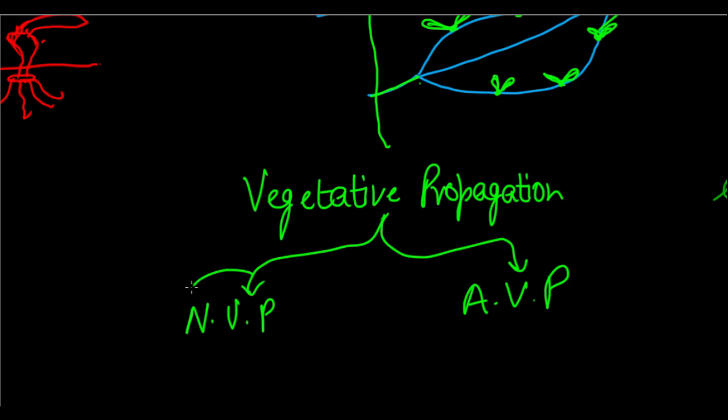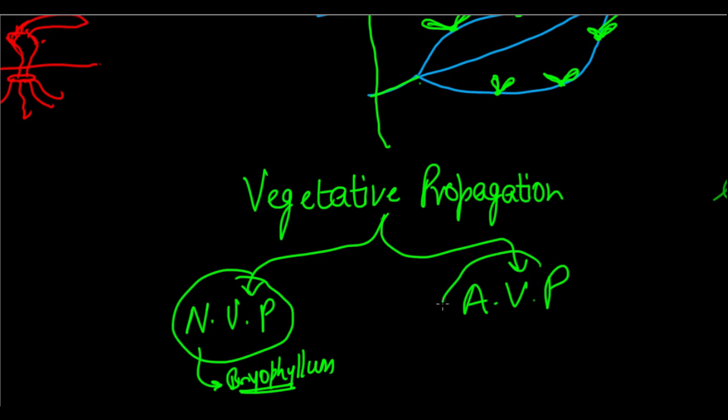Natural vegetative propagation is where the plant parts are generating naturally. You are not doing anything specifically, modifying the plant or doing anything to generate vegetative propagation. It occurs naturally. Example of this is bryophyllum, right? A great example of this is bryophyllum.